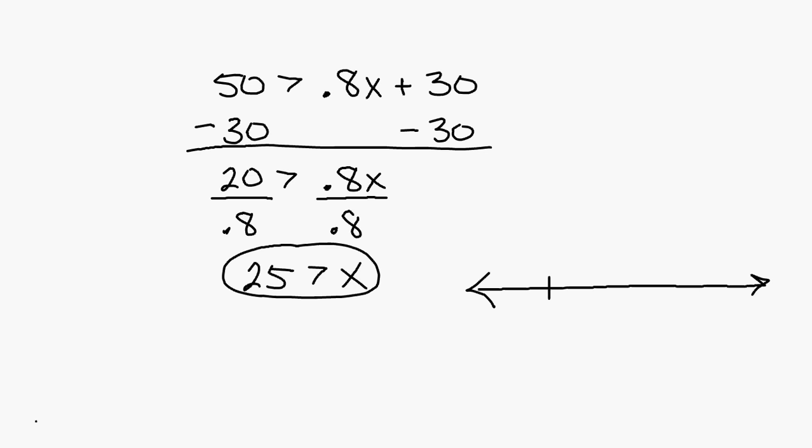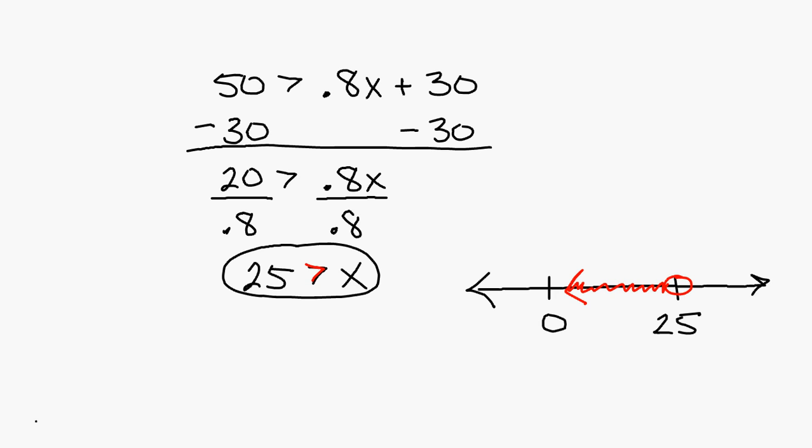So in this case, it may be easier to graph your solutions so that you can pick a number to try in the inequality. So this would be an open circle on the 25. Now, if you remember from last week, when the variable's on the right, you shade opposite the direction of the inequality. So the inequality is pointing right, so you can shade to the left. Because 25 is greater than all your solutions. So that means all your solutions are less than 25. So 0 is in the solution set.